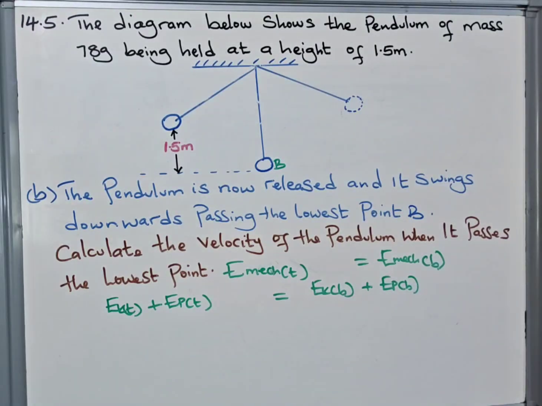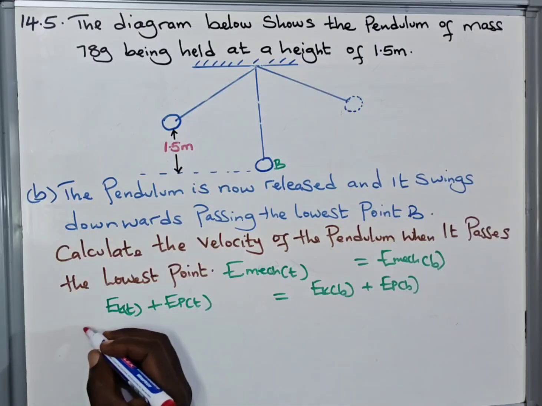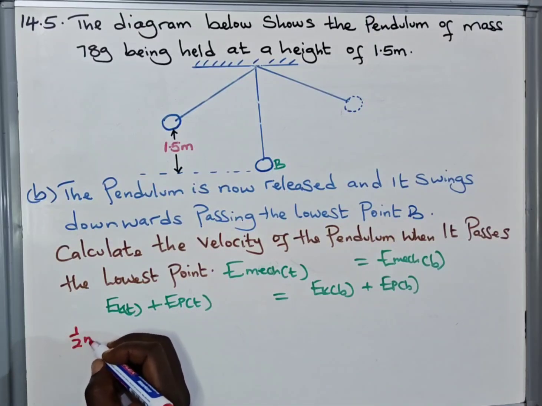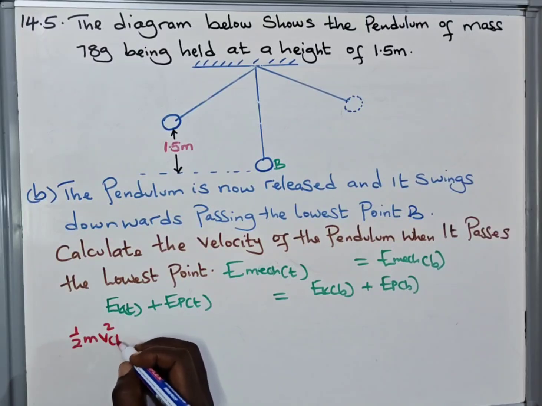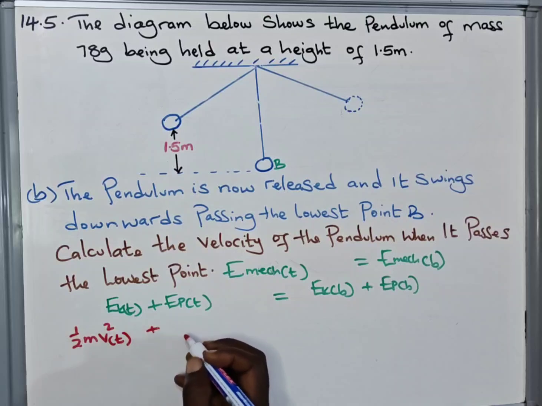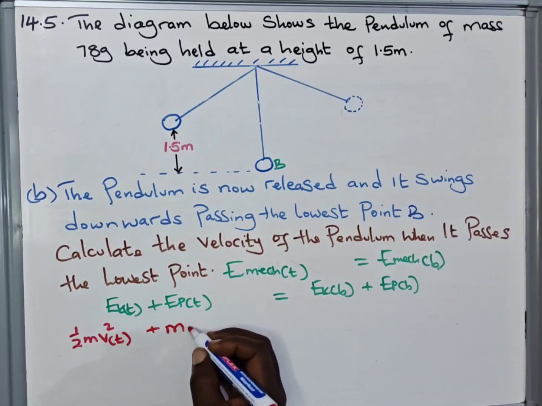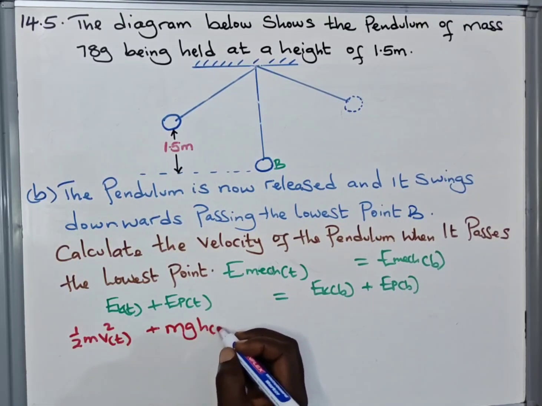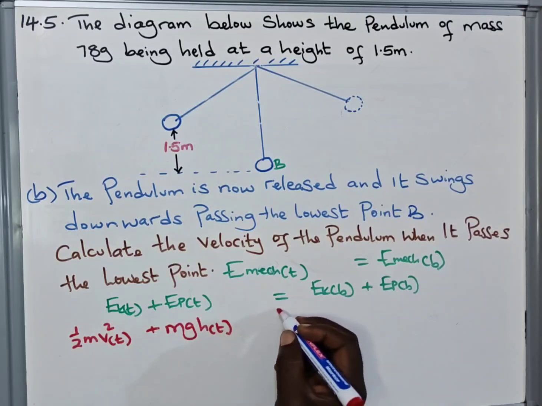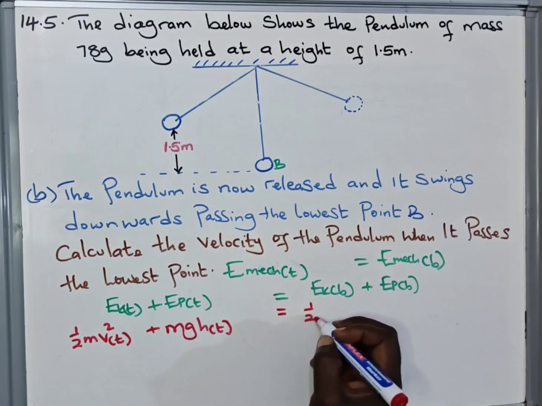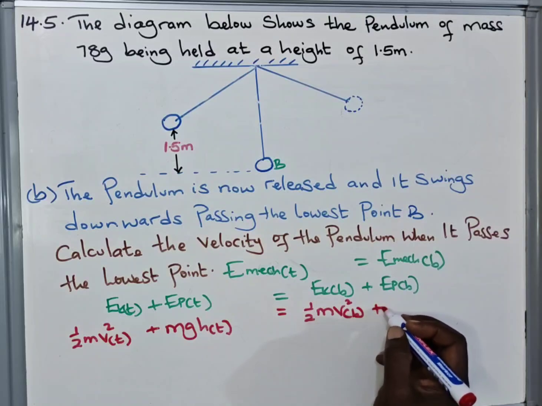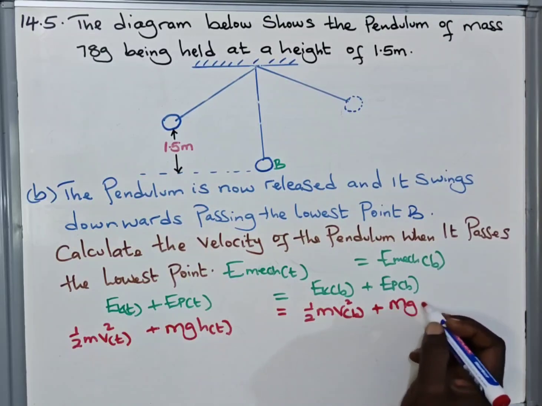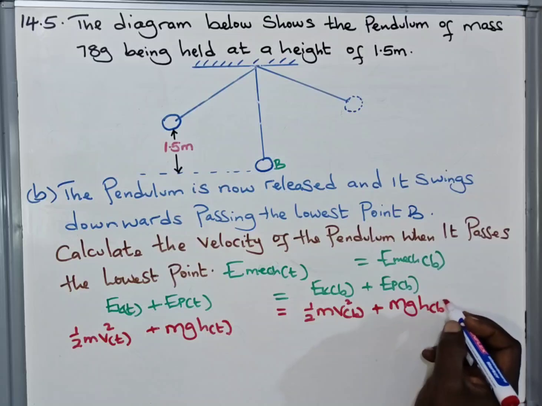So in this case, we can expand. Kinetic energy is a half mv squared, but the velocity must be the velocity at the top. Meanwhile, potential energy is mgh, the height at the top. This is equal to a half mv bottom squared plus mgh, but h is at the bottom.